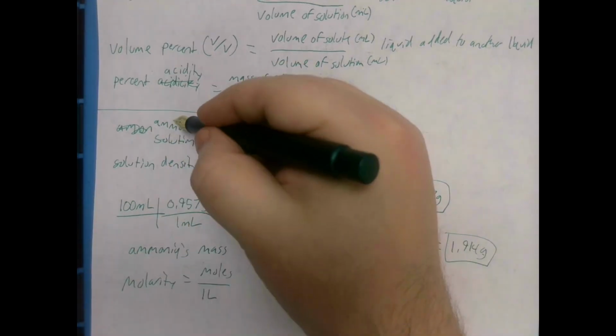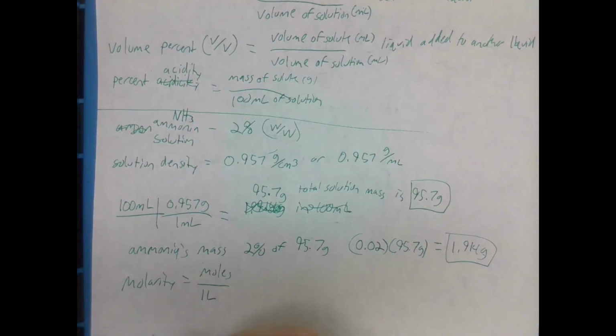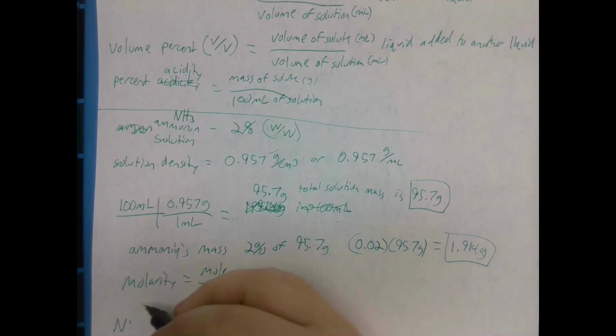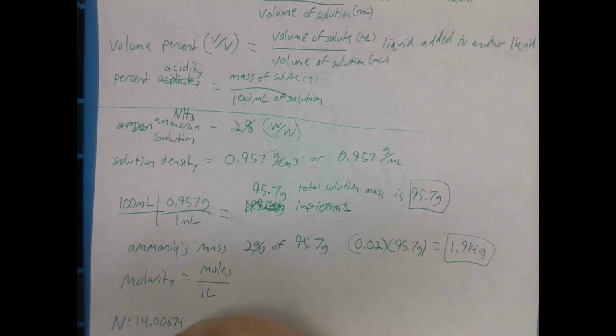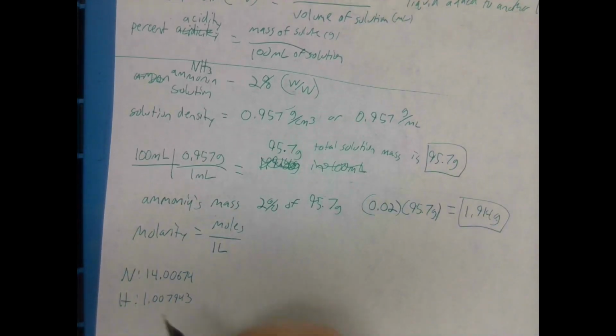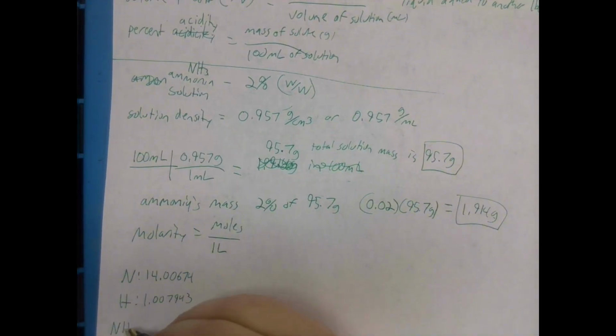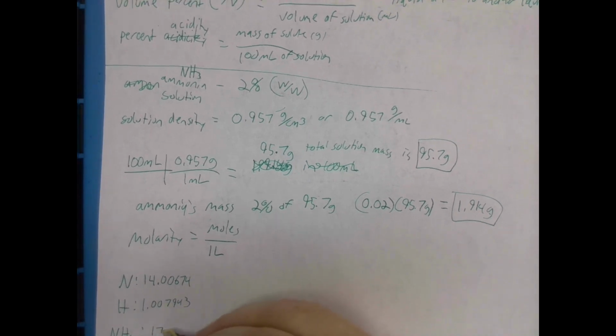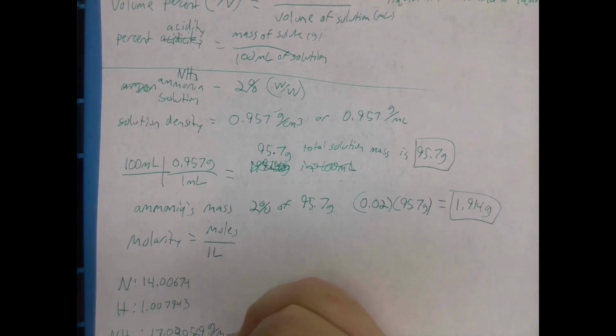We know ammonia is NH3. N has a molar mass of 14.000674. Hydrogen has 1.007943. And thus the molar mass of ammonia is 17.030569 grams per mole.